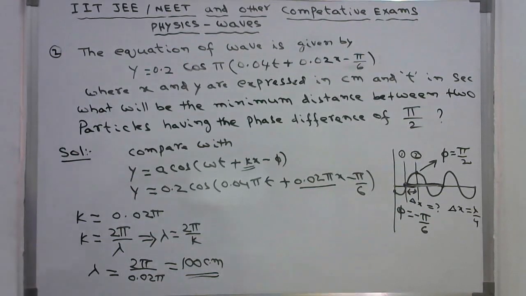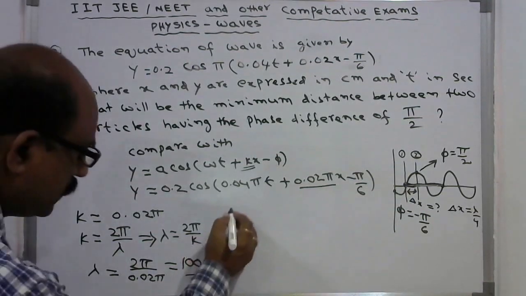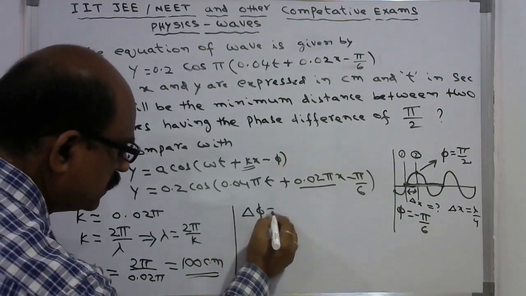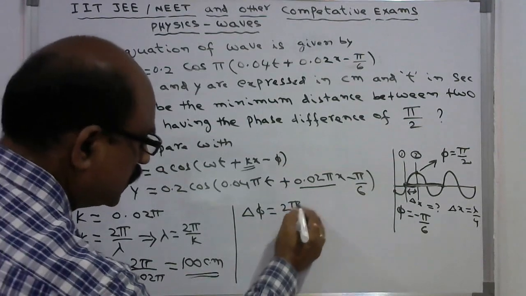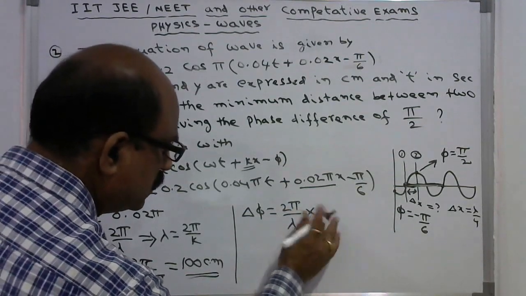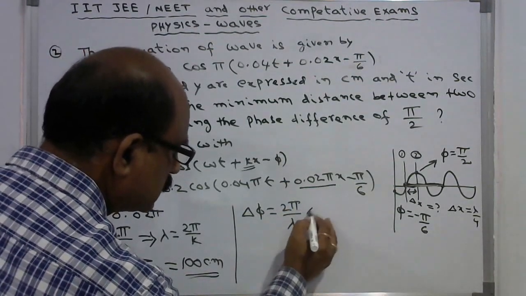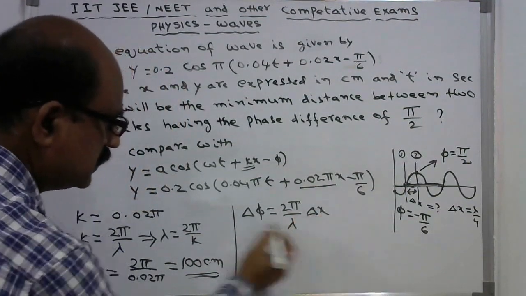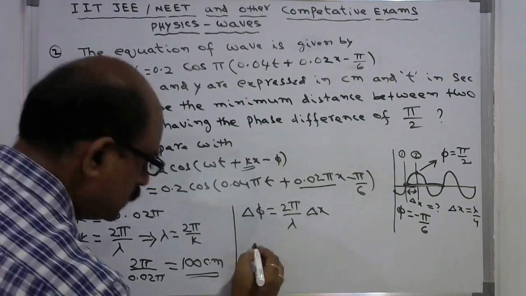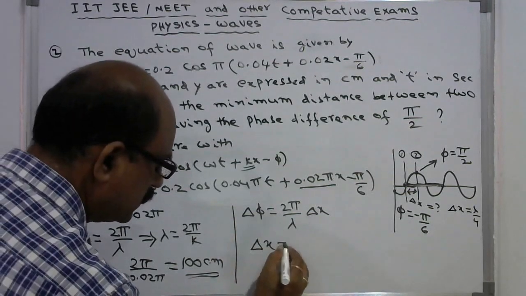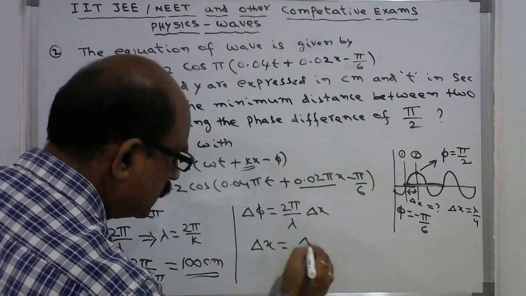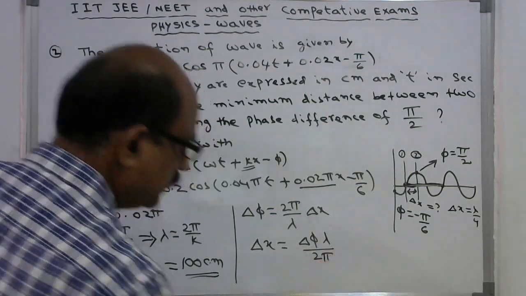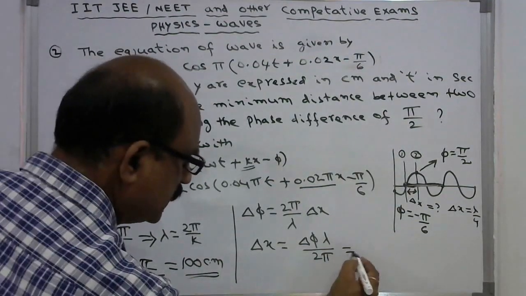And now the second part of this problem is, we know the phase difference is equal to 2 pi by lambda into delta x. This is the formula. And now you have to find delta x in terms of delta phi. So I write here delta x equal to delta phi into lambda by 2 pi. Then I will substitute here.